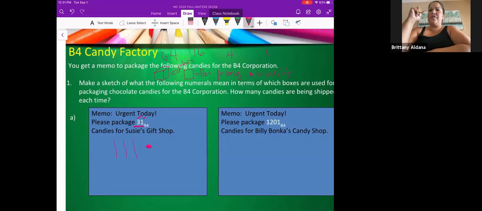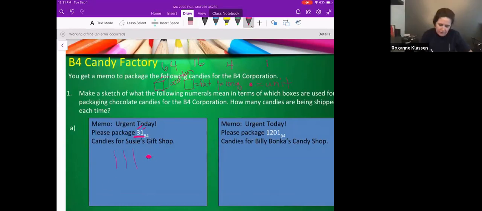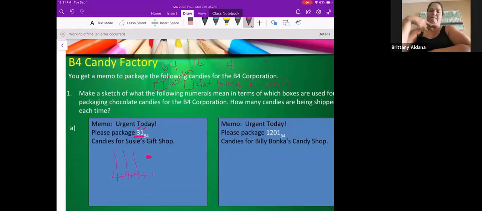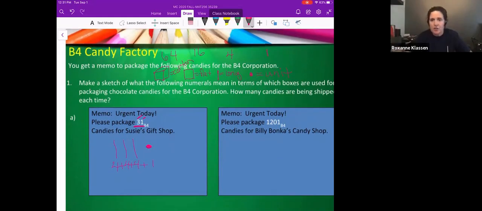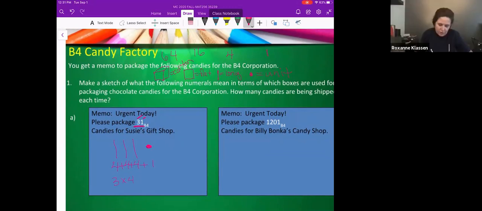Because each of the lines is 4, so it's 4 plus 4 plus 4 plus 1 for the dot. Did anyone else do it differently? Oh, look, Juan wrote it in the chat. Juan wrote 3 times 4 plus 1.